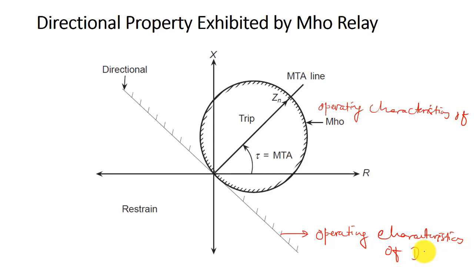And your Moore relay characteristic is lying in the trip region of it. If we say this is your superset, this is your subset. That means the Moore relay trip characteristic is a subset of the directional trip characteristic.